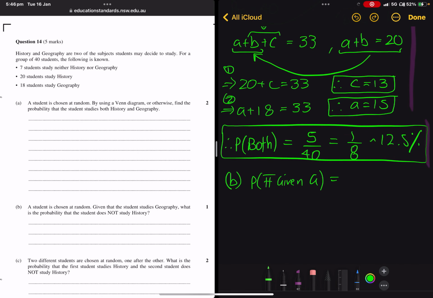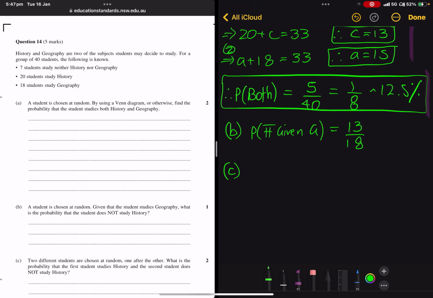So the probability of not history given geography is 13 on 18, and that's the answer to part B. And again, this is very easy if you set the diagram up properly at the beginning. A lot of this is just flowing from the diagram. So put the effort in to set up good diagrams. Often it will pay off.